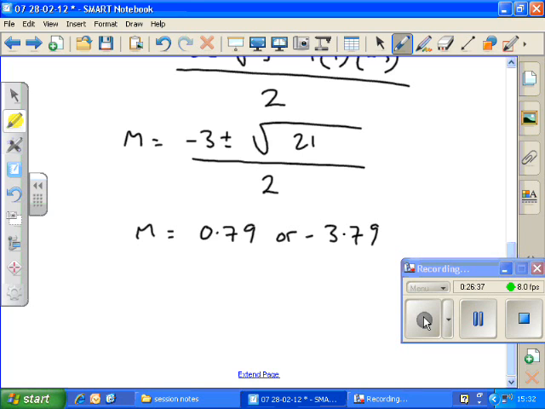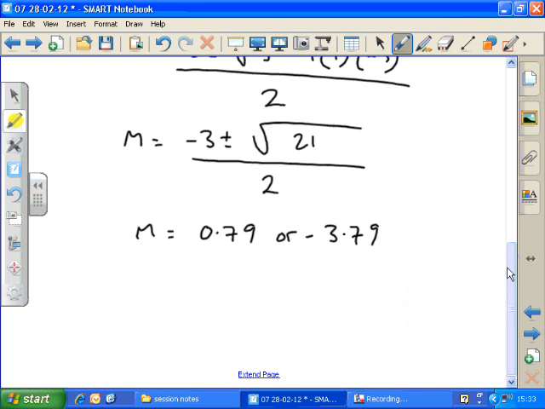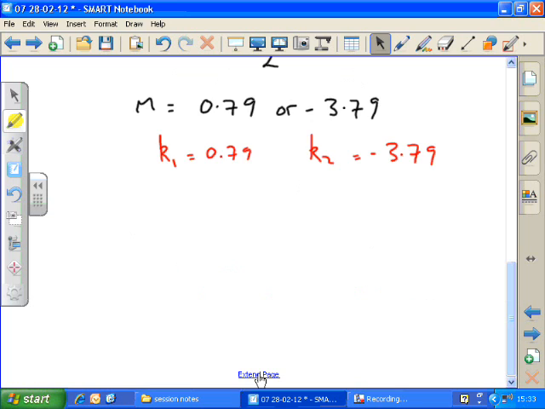So m equals 0.79 or minus 3.79. And now that gives us our values for k1 and k2. So k1 equals 0.79 and k2, our roots, minus 3.79. And these are the two roots, two real different roots.